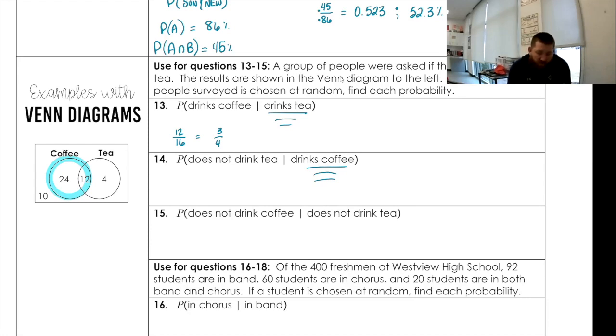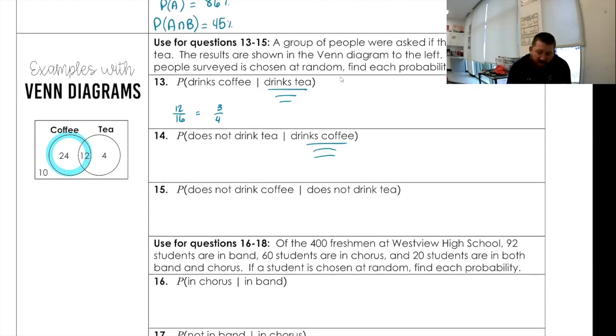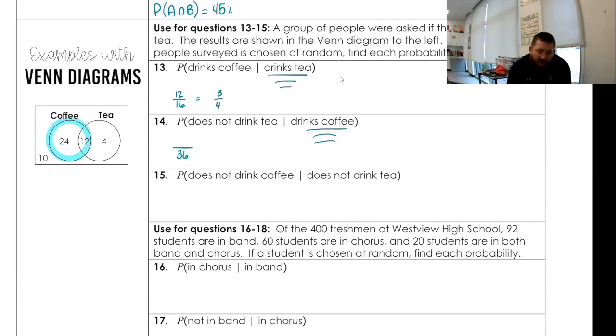Well, the answer to that question is 36. And of those 36 people, how many do not drink tea? And the answer would be 24. They only drink coffee. 24 over 36 reduces to 2/3.